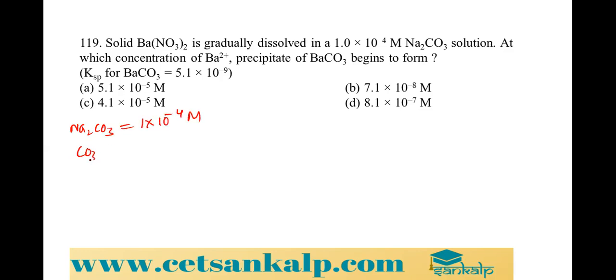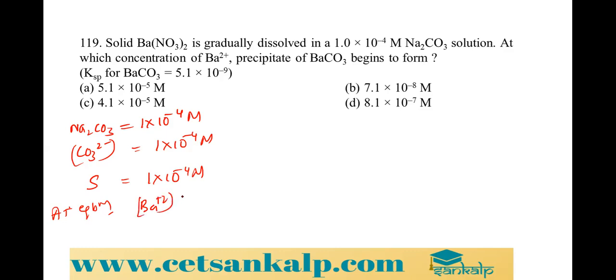In the same way, CO3 2 minus concentration I can take as 1 into 10 to the power minus 4 molar. So at equilibrium, see what happens: barium plus 2 concentration into CO3 2 minus concentration is equal to KSP of barium carbonate.